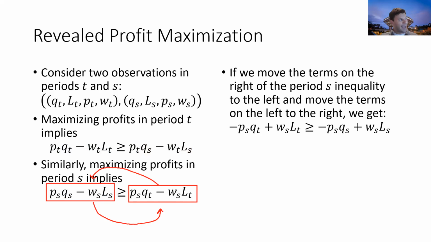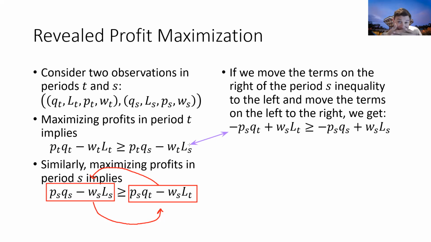And what I'm going to do now is add that line to the first inequality that we had. I'm going to add those together. The first inequality on the left that the purple arrow is pointing to was the profit max condition in period T. On the right side of that double purple arrow is still the period S inequality, just rewritten.